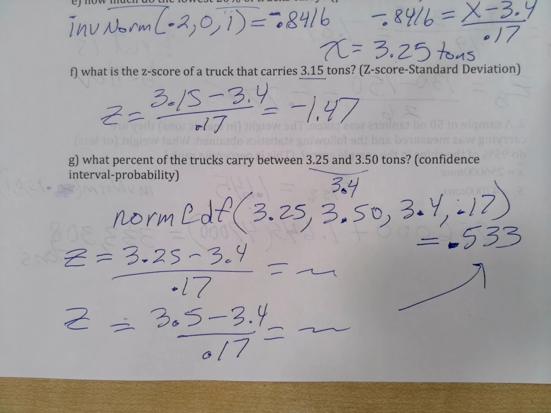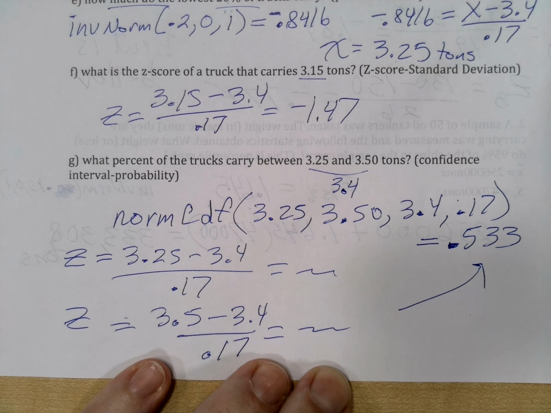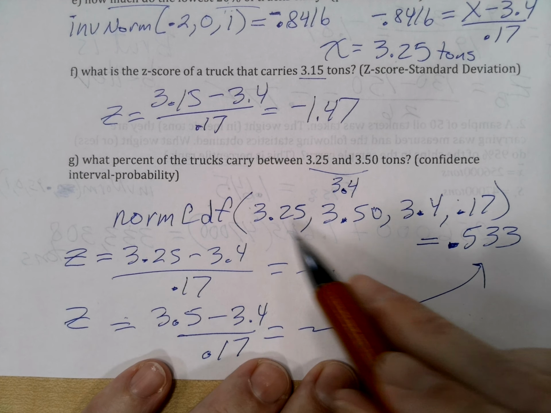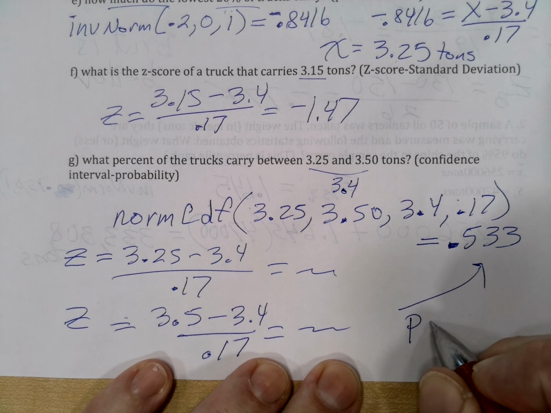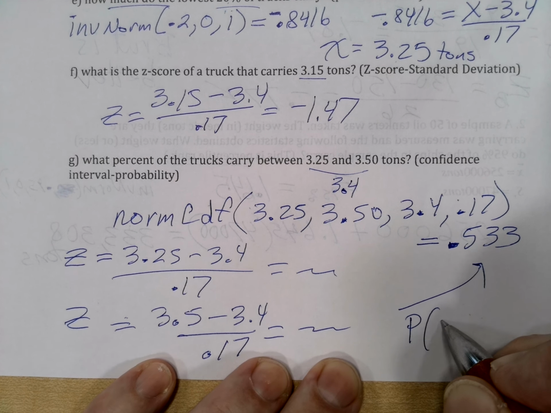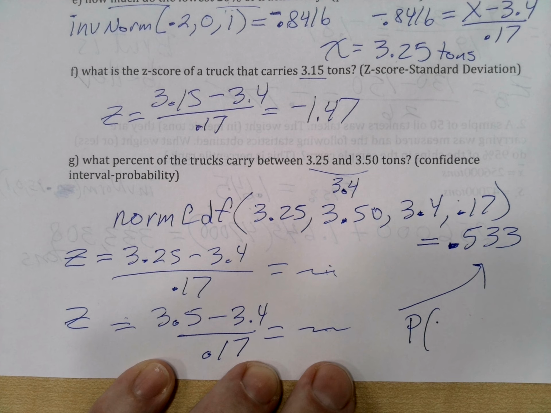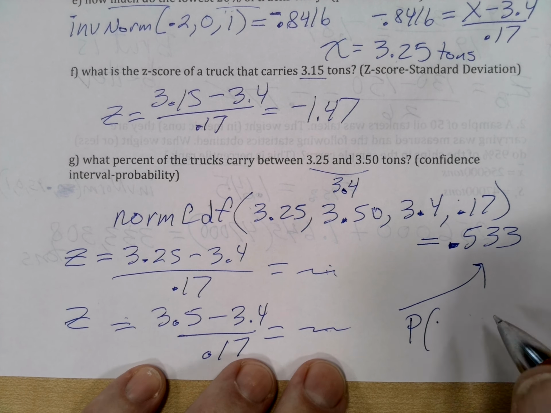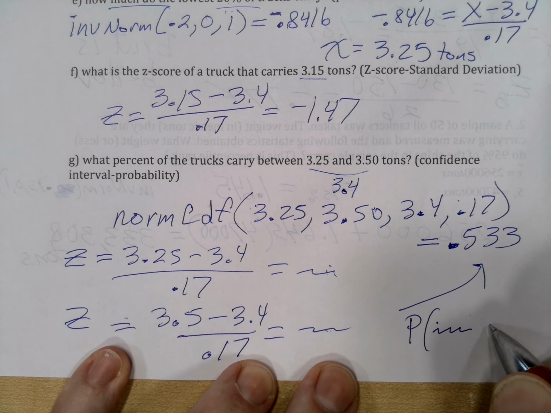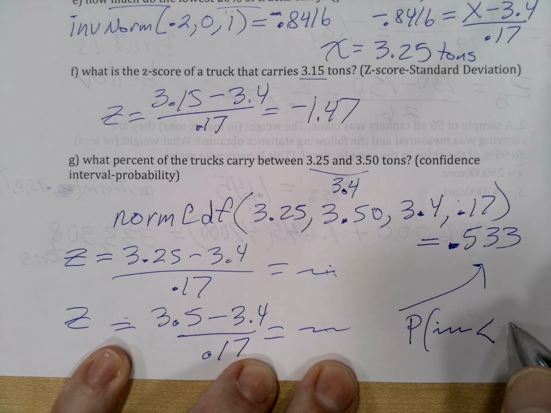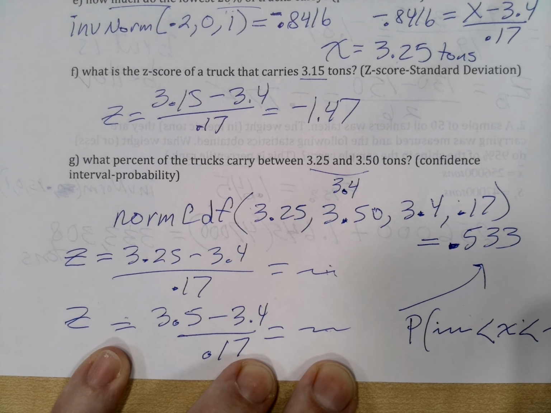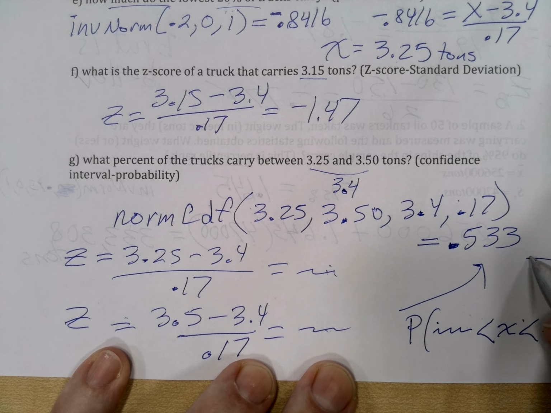But you have to show that z-score calculation and then come up with your probability between them. They even like you to write out the probability of between, like whatever these z's are, right? I don't have them written down. So whatever they are. So you put the first one, and then you'd say my x value being greater than one and less than the other, right? And you'd write that out before you got your answer.